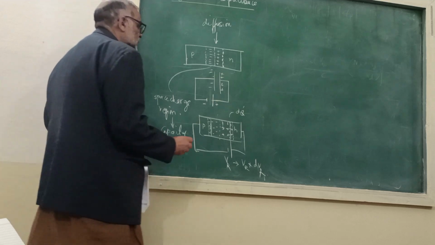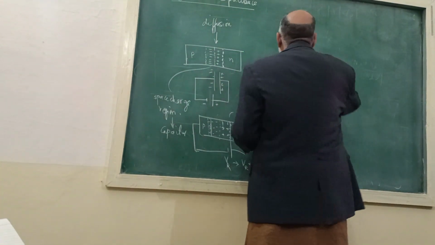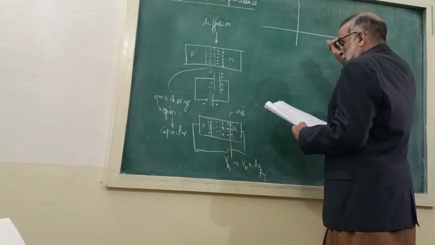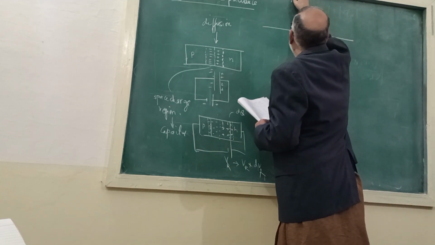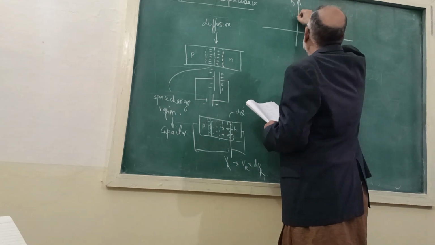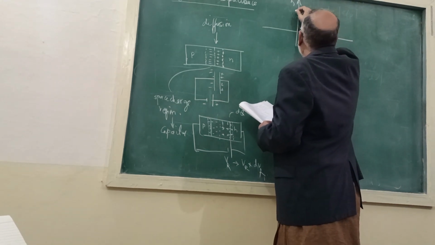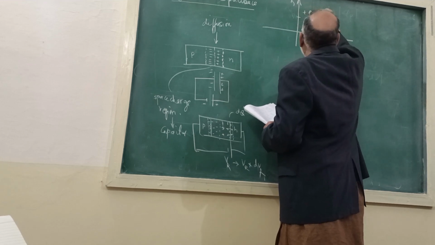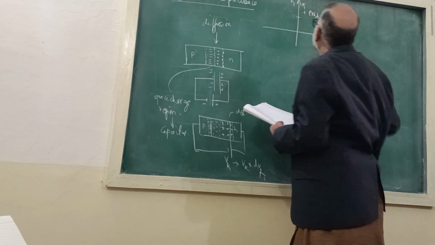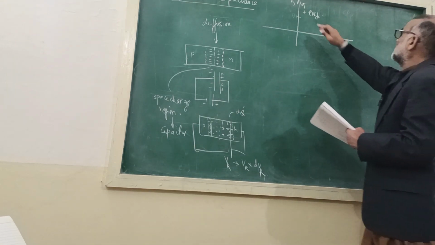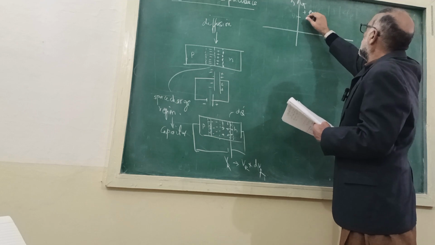If we write this graphically, and if this axis is the charge density rho, then roughly on this side it is plus q N_D, the donor concentration.